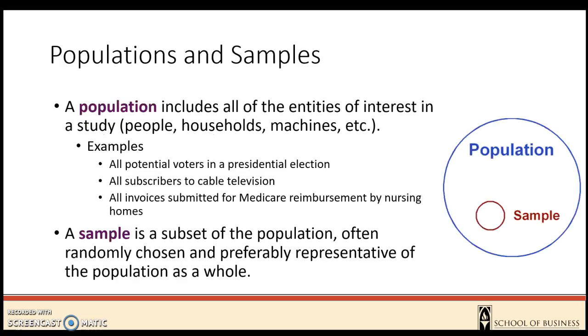So the first one, and this is a really important distinction to make, is the difference between a population and a sample. Because this is going to come up a ton in this class, especially as we move on from this introductory material and start getting into probability distributions and whatnot. So the big difference is the population's everything. And typically, you're not able to query everything because there's just too many.